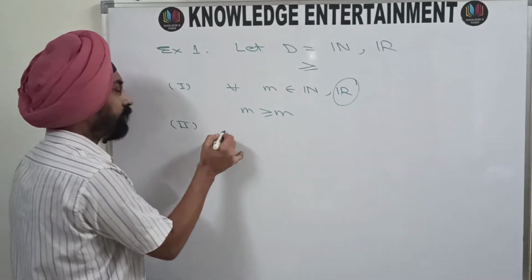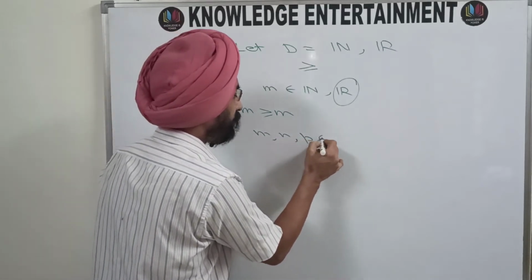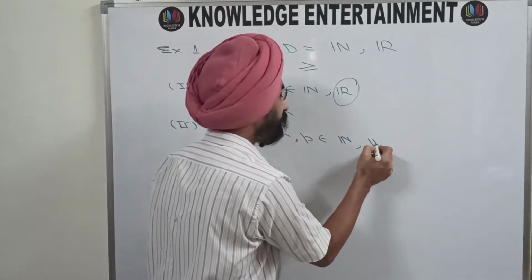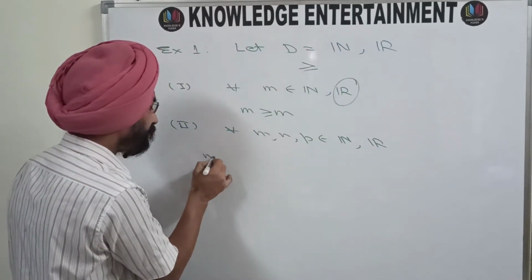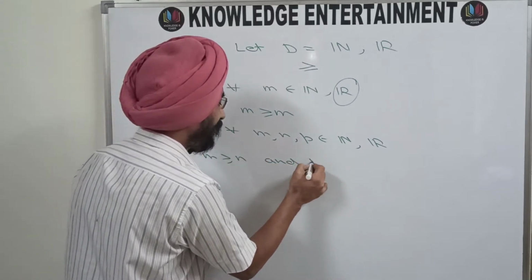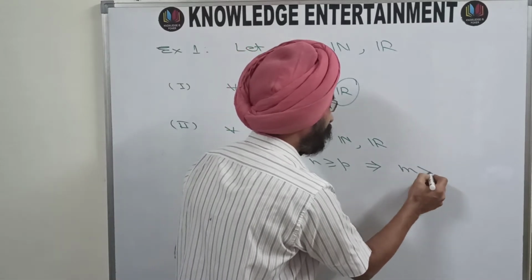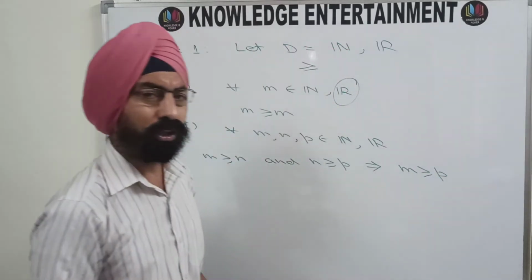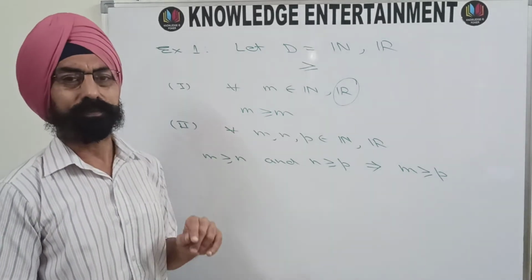Secondly, for every m, n, p belonging to N or belonging to R, m greater than or equal to n and n greater than or equal to p implies m greater than or equal to p, because of the transitivity of greater than or equal to.